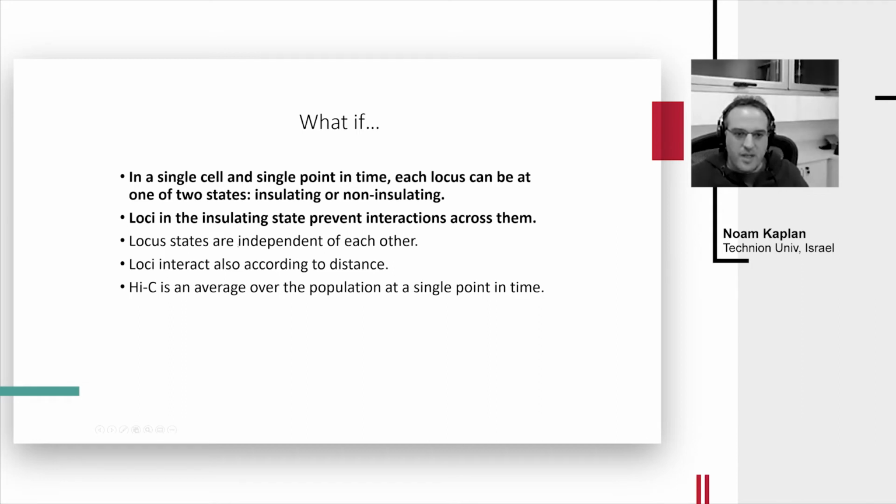Three other assumptions: that the locus states are independent of each other. So if you have an insulation somewhere, it doesn't affect the state of insulation somewhere else in the same cell. Loci also interact according to distance, as we saw before. And finally, that Hi-C is an average over the population at a single point in time. So when we're talking about probabilities, we mean the fraction of cells in which an event is happening.